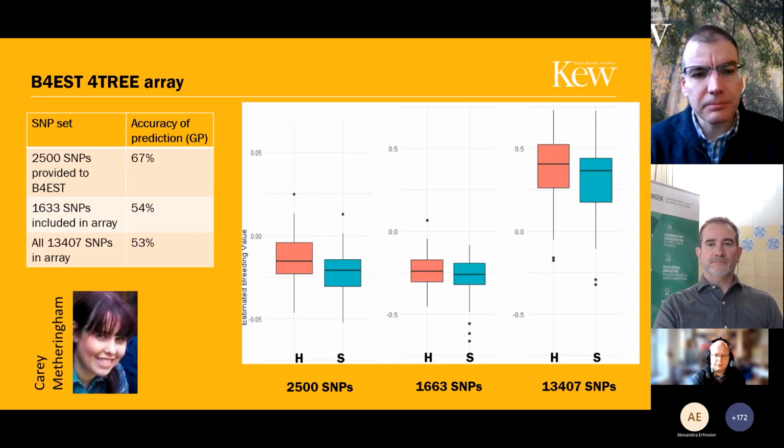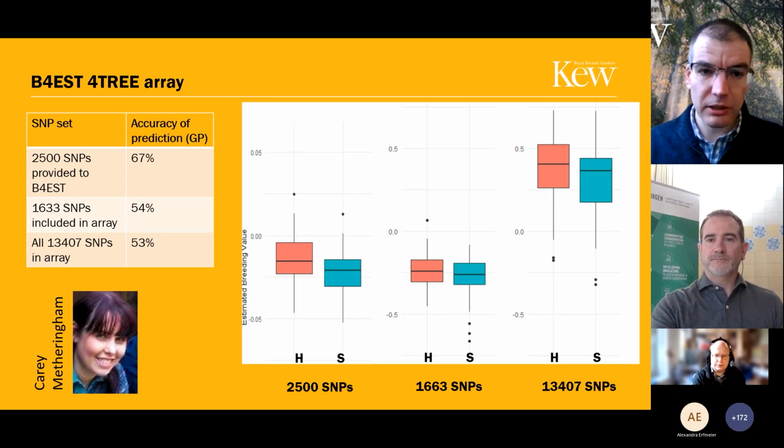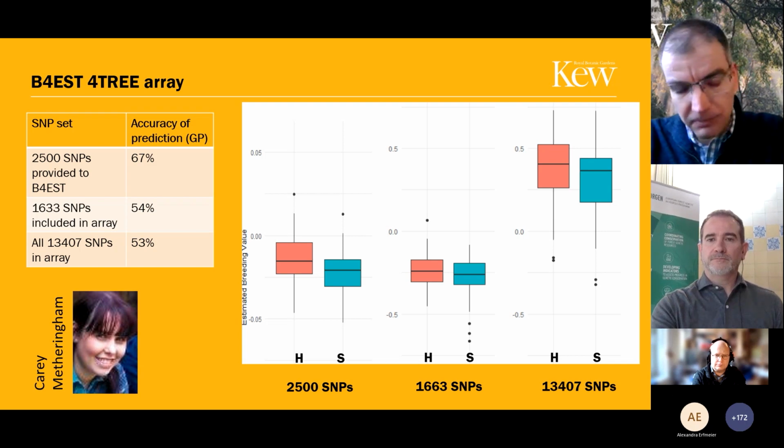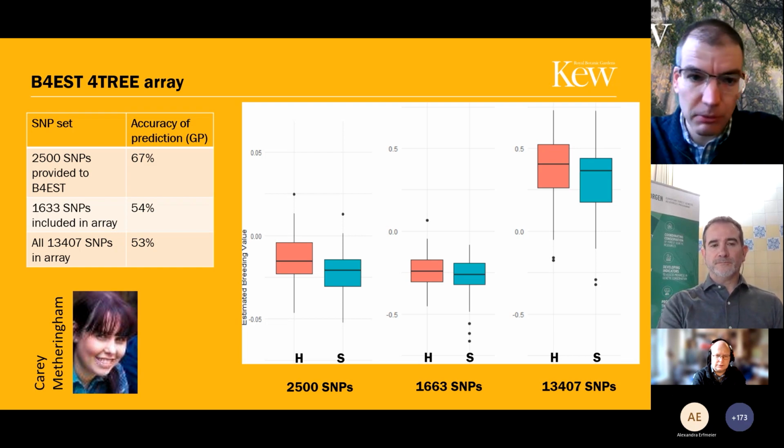So one thing we've done is the Bee Forest Consortium made the 4-tree array, which includes ash SNPs, and we provided the identifications of the 2,500 best SNPs from our studies, which enabled us to give 67% accuracy of prediction.